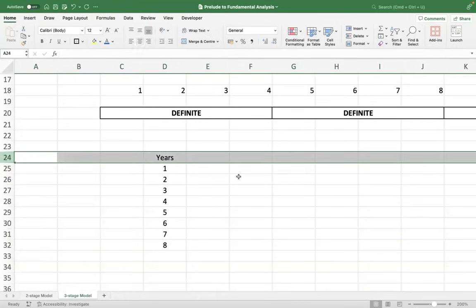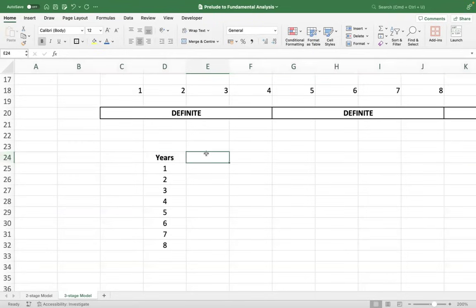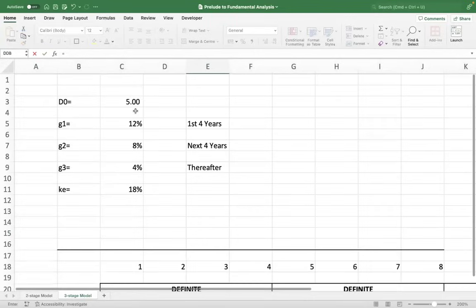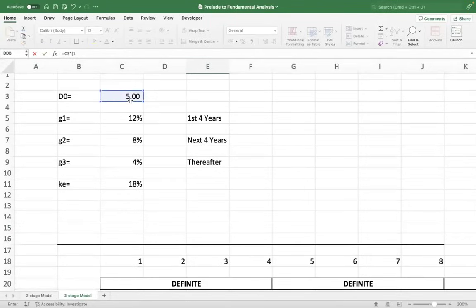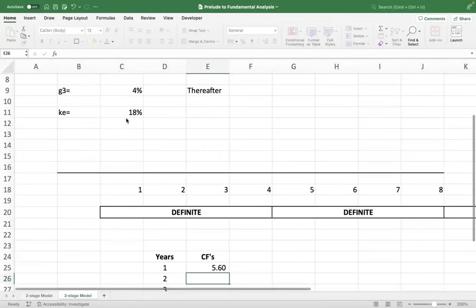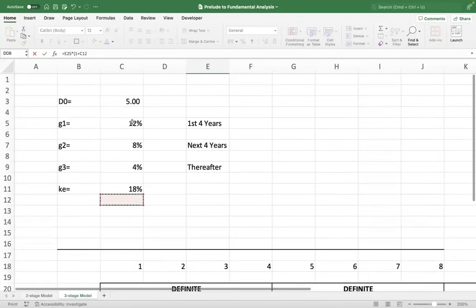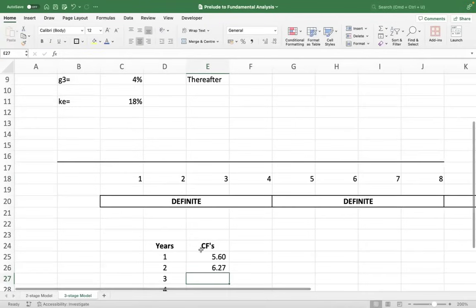The cash flows are in the form of dividends. So today's dividend is 5, right? So next year's will be 5 into 1 plus 12%, 12% higher. This will continue for how many years? 4 years. Next one will be 5.6 into 1 plus 12% again. And this continues for 4 years.